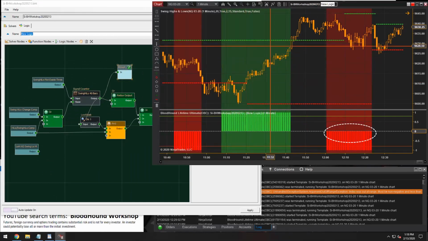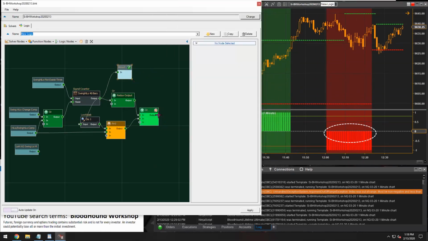So now we know when the swing high or swing low has existed unbroken for at least 40 bars or more.